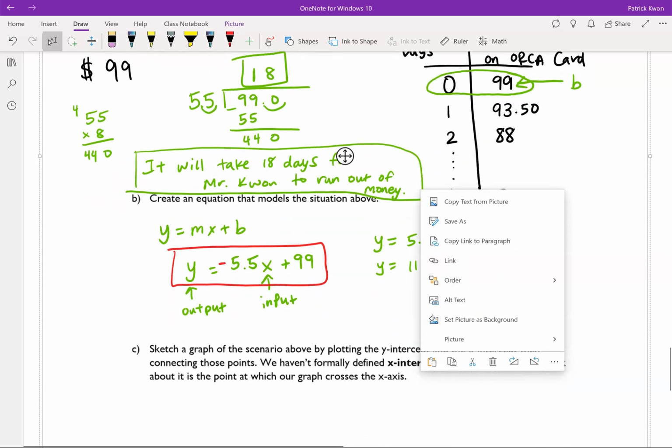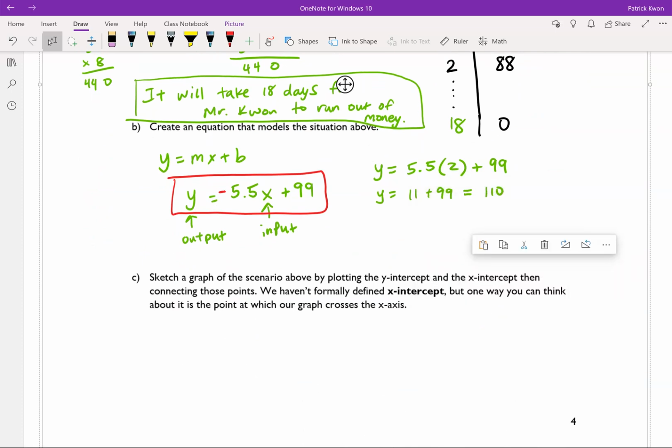And Part C asks us to sketch a graph of the scenario above by plotting the y-intercept and the x-intercept, then connecting those points. So we're going to see how that negative plays into what the graph looks like. Notice it also says we haven't formally defined an x-intercept, but one way you can think about it is it's the point at which our graph crosses the x-axis.